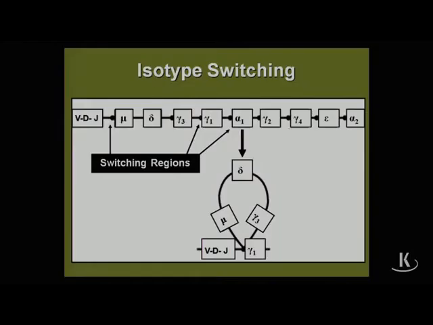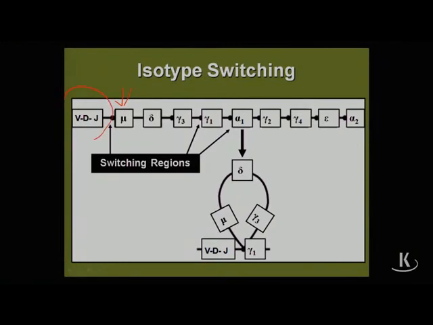Okay? And now, what we're going to do, and you've seen something similar to this already, now a B cell gets a signal that we're going to switch from IgM to one of the other antibody isotypes. Okay? So now, when we switch to a different isotype, it's a one-way ticket.